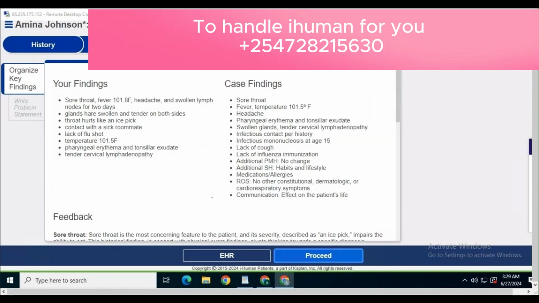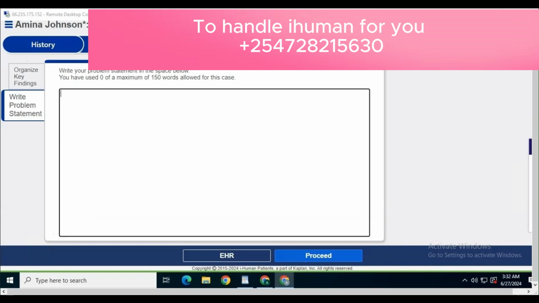So as you can see, I have maybe the basic key findings, but I was also supposed to add more according to the case. Then once you have your key findings, then you can draft a problem statement, which is basically a review or an assessment of the symptoms and other responses from the patient.